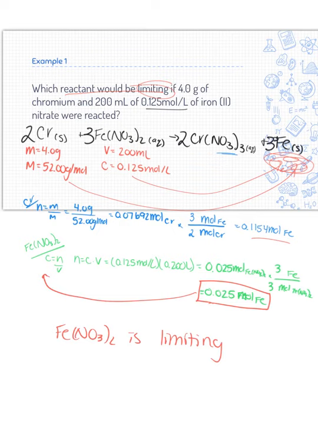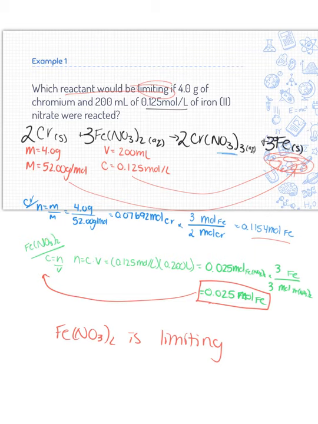So again, what this says is we have 4 grams of chromium, which is equal to 0.07692 moles of chromium. If all 4 grams reacted, we would get 0.11 moles of product. With iron 2 nitrate, we had 0.025 moles, and it is able to produce 0.025 moles of iron if it reacts to completion.